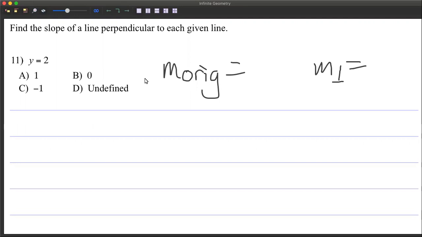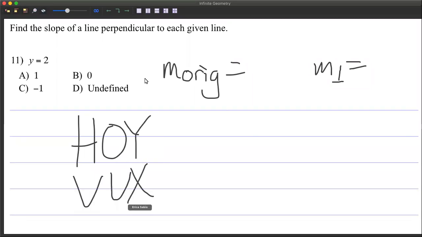Yes, 0. I got it in the chat. 0, right? It's a Hoy-Buck situation because it only has a y. So if I have y equals, that means my slope is just 0. Okay, perfect. Now you have to do the opposite reciprocal of that. So what does that become?